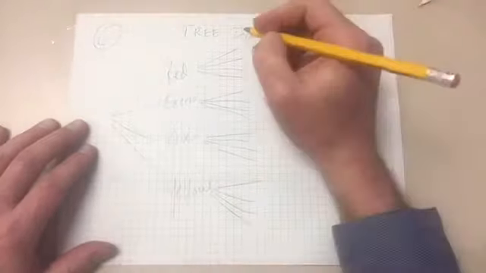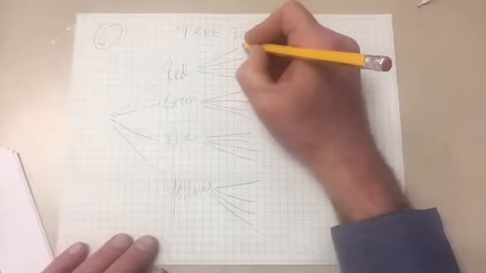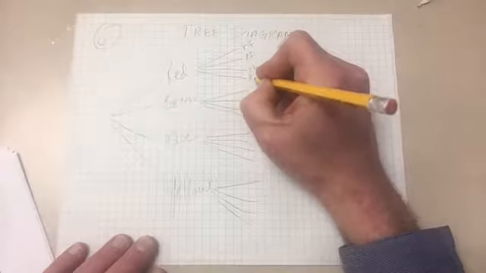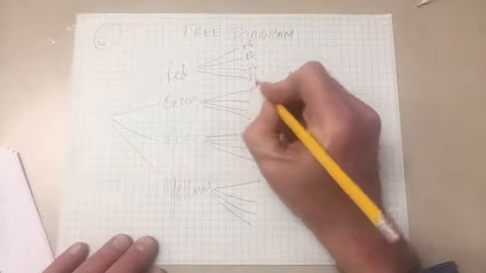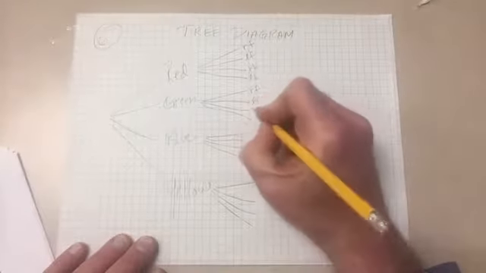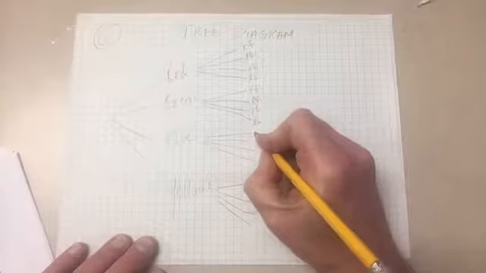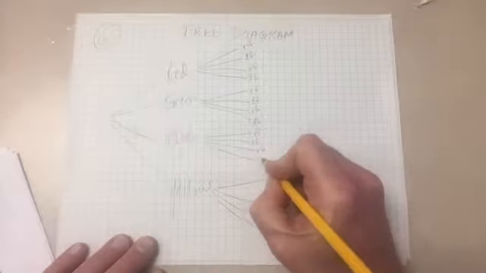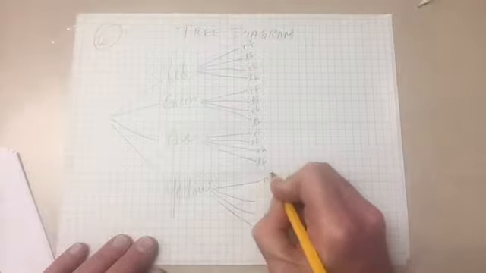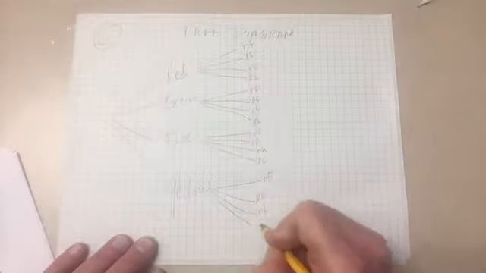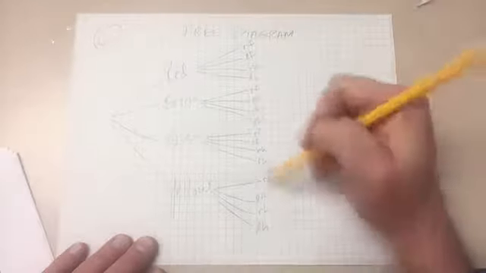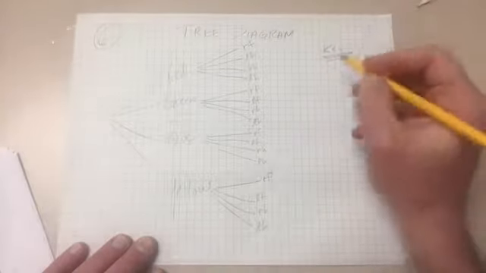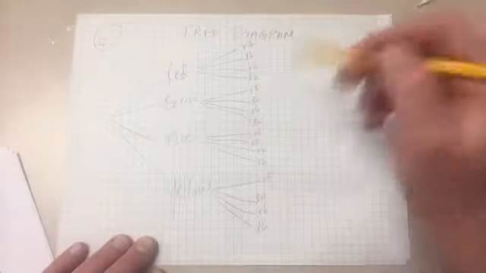Because things are getting a little tight, I'm going to abbreviate. So we had right foot, right hand, left hand. So I'm just going to do that throughout the tree. And since I did abbreviate, I'm going to make a key so that someone who's reading this can know what these abbreviations mean.